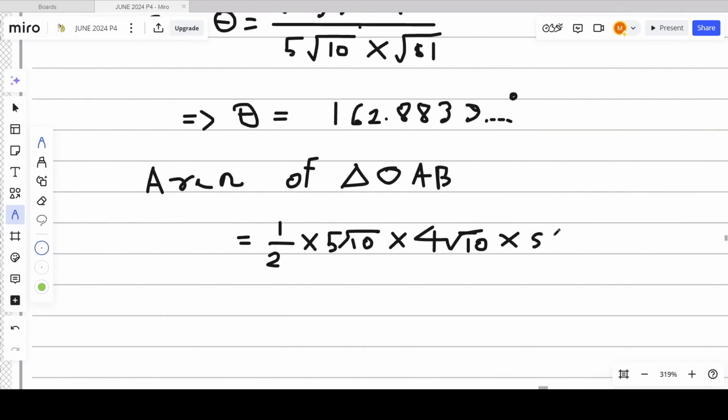You can put sin theta directly from your calculator for 162.8839 degrees. So half times 4 square root of 10 times 5 square root of 10 times sine 162.8839 gives an area of 29.430 something units squared.